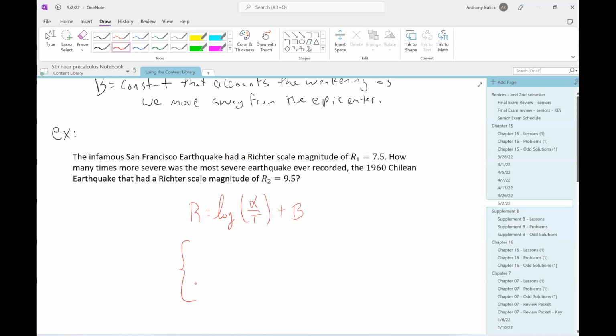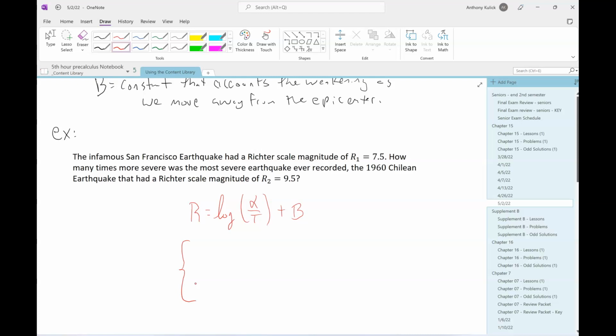The other thing to think about: we have 2 earthquakes. Let's assume for a moment that the measurements are taken at the same distance from the relative epicenters. In that case, the betas are basically the same value. Everybody okay with that?